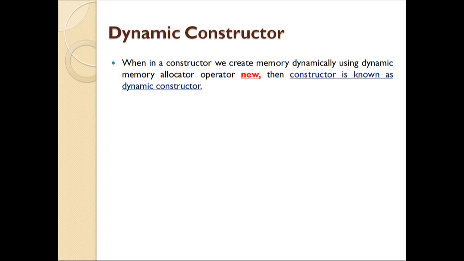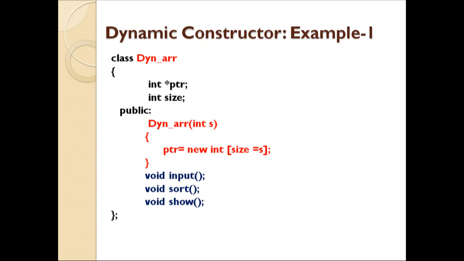So again, we are interested in occupying this space in the primary memory. So the question is how we can achieve this. In order to achieve this concept, we will utilize the feature of new, and using new we will initialize the object dynamically. In order to make the concept more clear, I have given one example here.